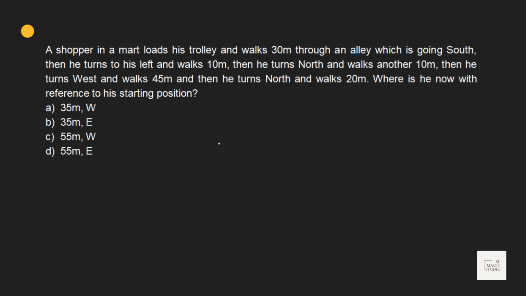A shopper in a mart loads his trolley and walks 30 meters through an alley which is going south. Let the shopper start at A, moving south 30 meters. Then he turns to his left and walks 10 meters. Moving towards the south and then left means east, 10 meters.